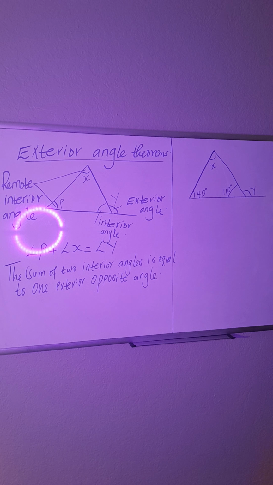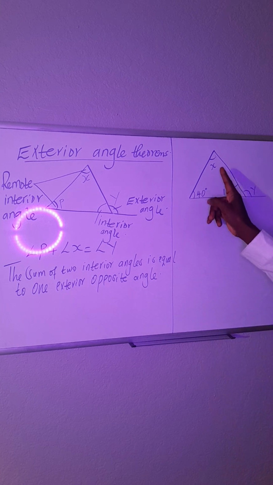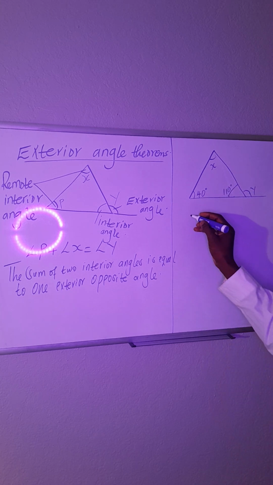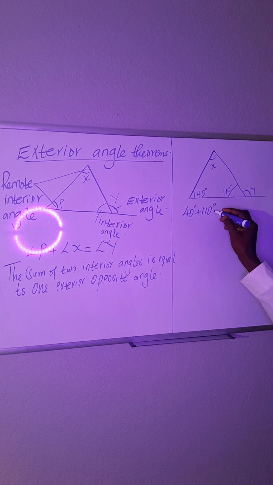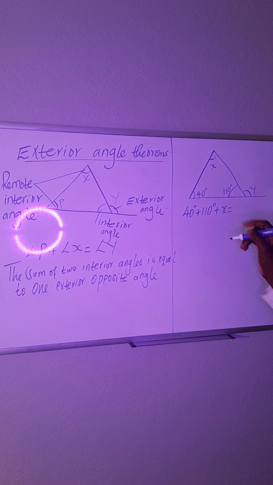Now, looking at our diagram, we are supposed to find angle X and Y. First of all, it is easier to find angle X. Why? Because 40 degrees plus 110 degrees plus X is supposed to give me 180 degrees.